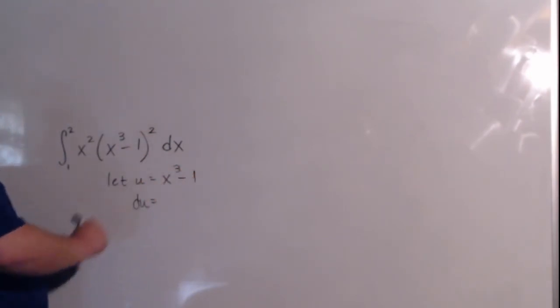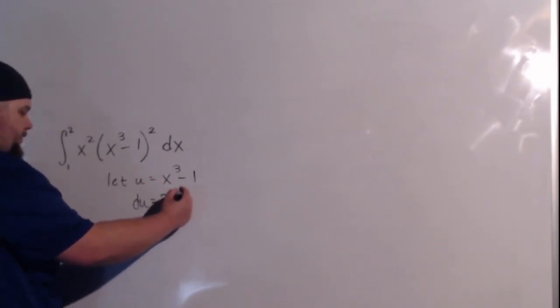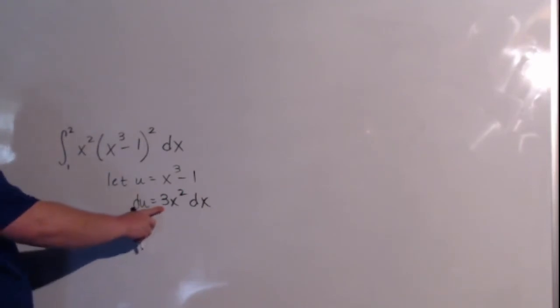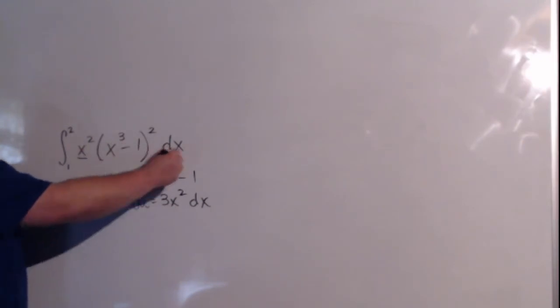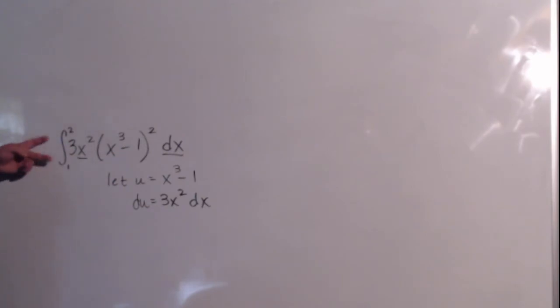The derivative of that is 3x squared dx. Now I've got x squared dx already. I need to introduce a 3. So I put that in. And on the outside, I would put a 1/3 to counteract it.